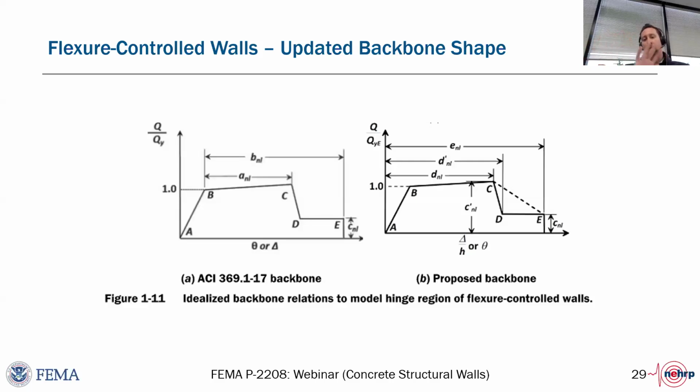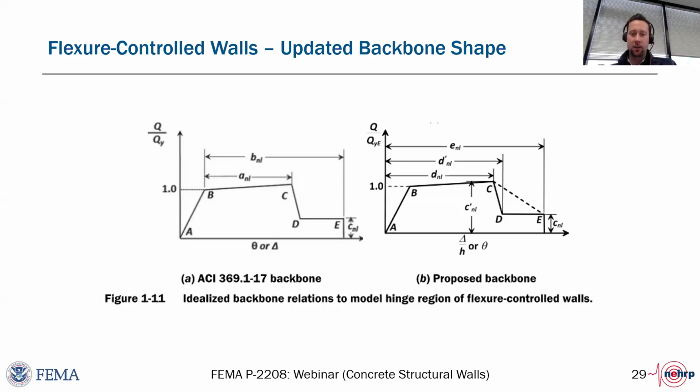And at some point, you actually lose all your lateral strength, but you may not necessarily lose your vertical load carrying capacity. So there's potentially another portion after you go to zero that ASCE 41-23 considers that would say, hey, you haven't actually reached your collapse prevention limit, or where you would lose vertical load carrying capacity.